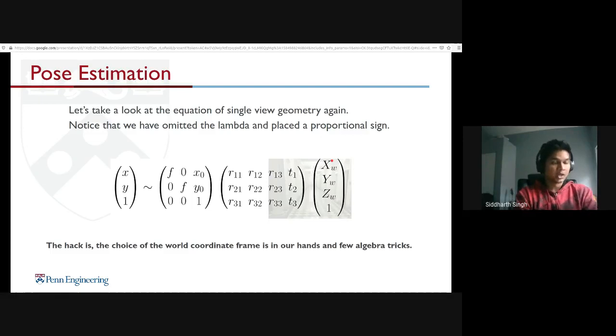This is one trick that is most frequently used while doing this, and if any of you have taken MEAM 620, this is picked up from there, and this is more often than not a very good place to start when you're trying to perform geometrical vision computations, right?